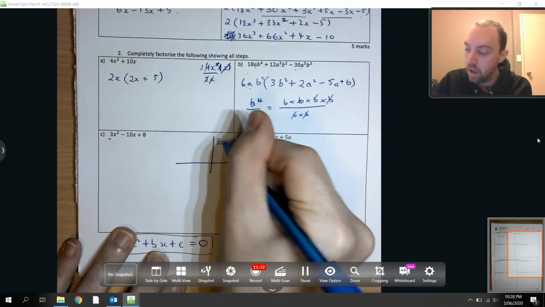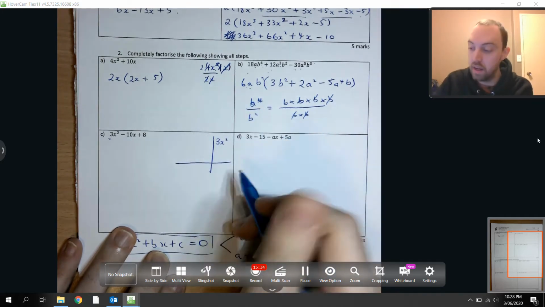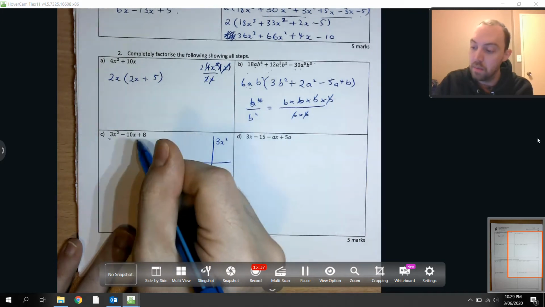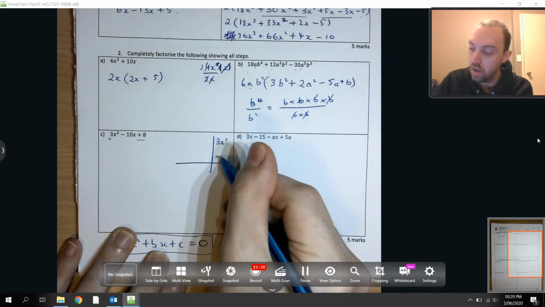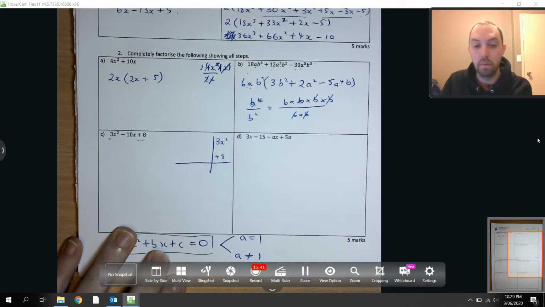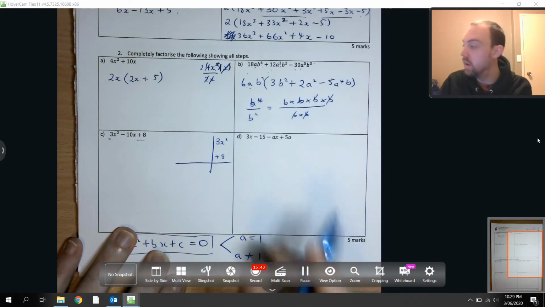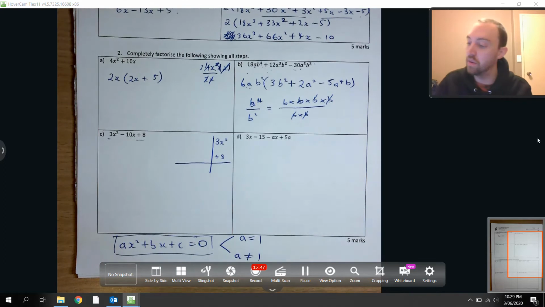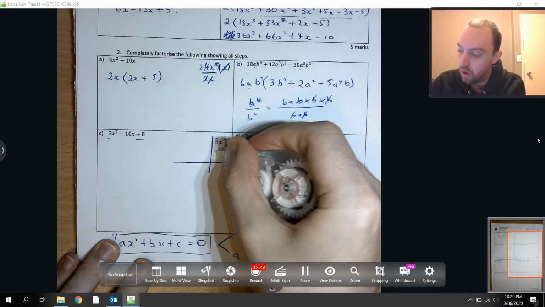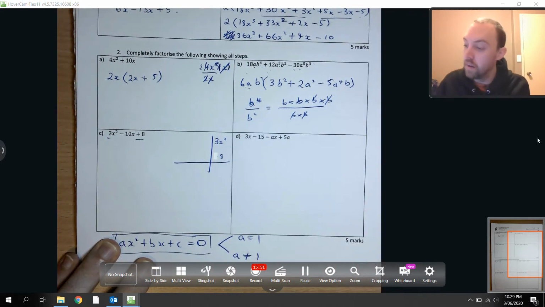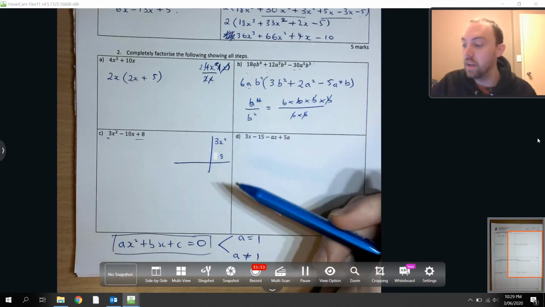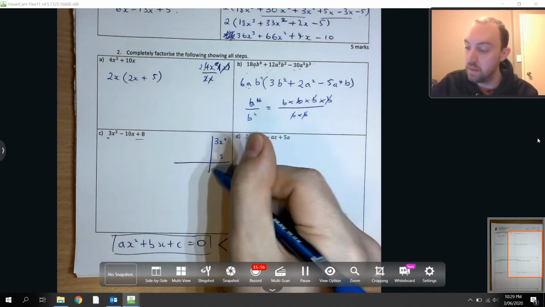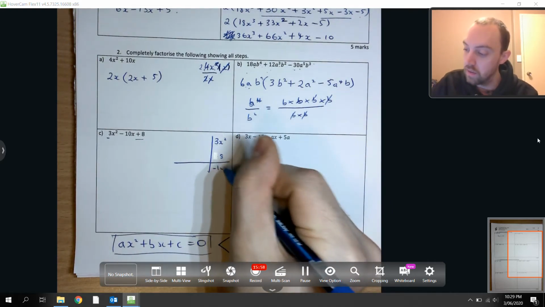Firstly, put my x squared term up top, then my constant below it. Doesn't necessarily need that plus yet, it just needs to be 8. So 3x squared, 8, and then the middle term, negative 10x.